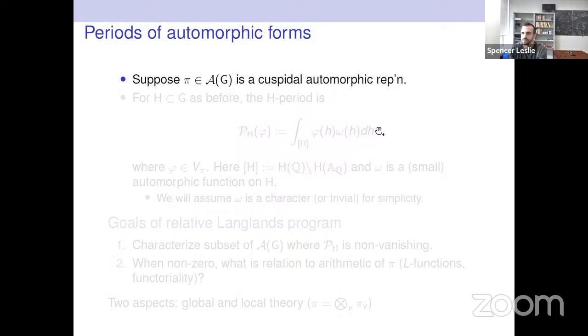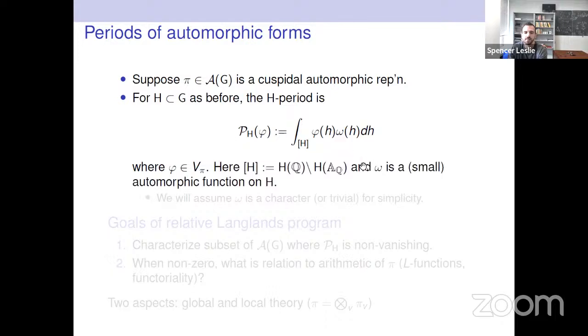So let's say what I mean by an automorphic period for the purposes of this talk. I'll let G be my reductive group. I'll let pi be a cuspidal automorphic representation. And I'll take H to be a closed subgroup of G and define the so-called H period, where what I do is I take my automorphic function, I pull it back to the subgroup H, and I pair it against some small automorphic function.